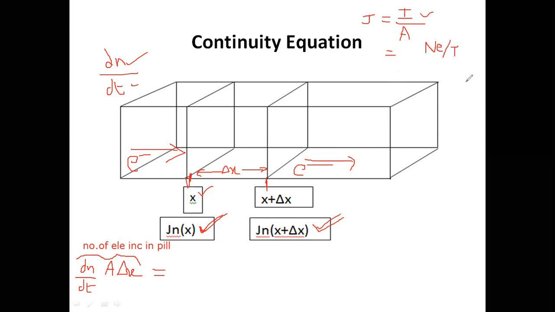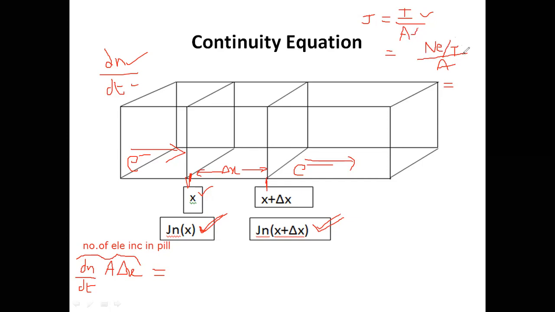The amount of charge is the number of charge carriers multiplied by the charge of each carrier, Ne. So I by A, I means Ne by T, by A, where A is the cross-section area.